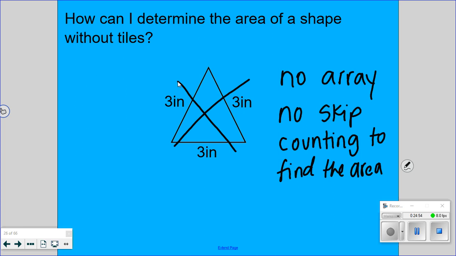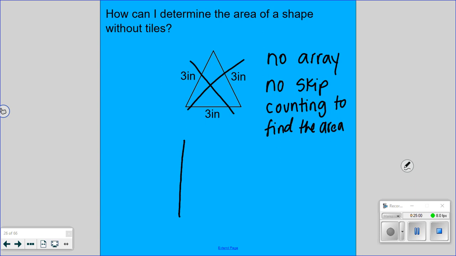All right, when we were making shapes the first day, Arik created that really crazy shape with his tiles. Remember that? Let's pretend it was this one. I know it wasn't this one, Arik, but let's pretend. Arik created this crazy shape. Does that look like an array? No. So can't skip count.